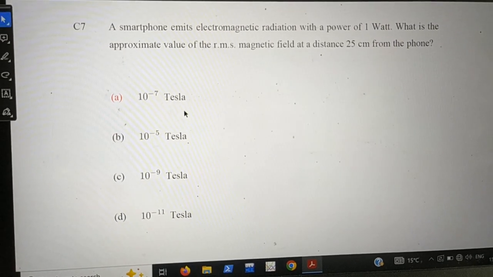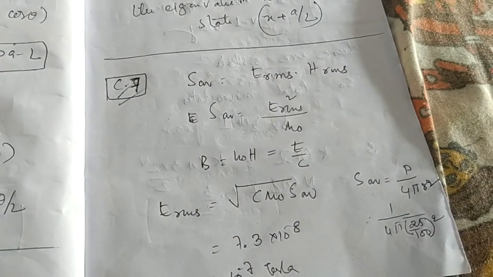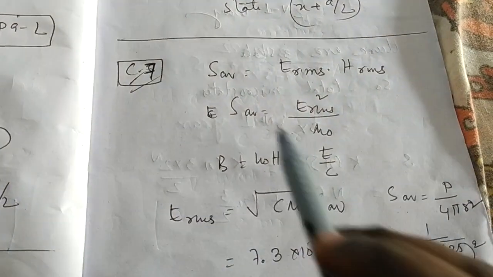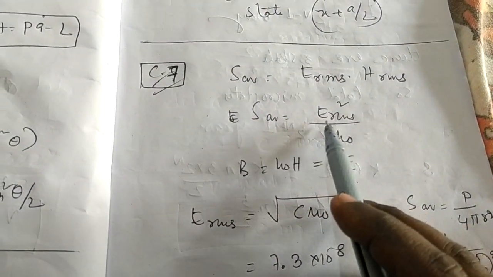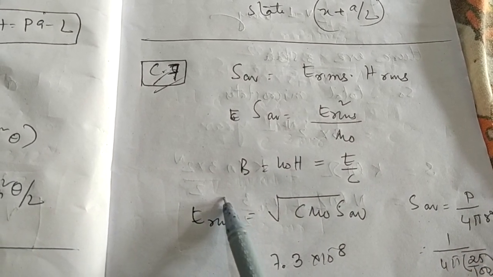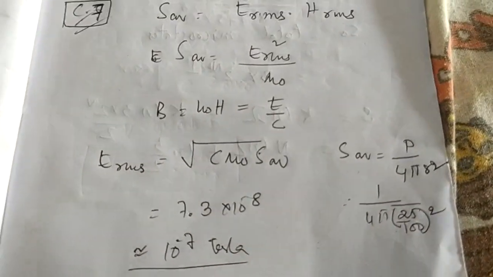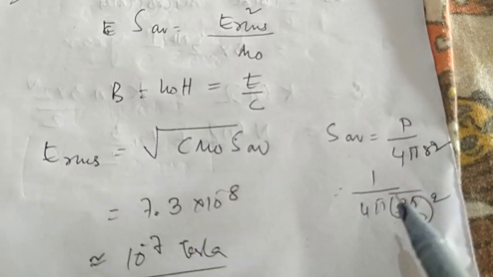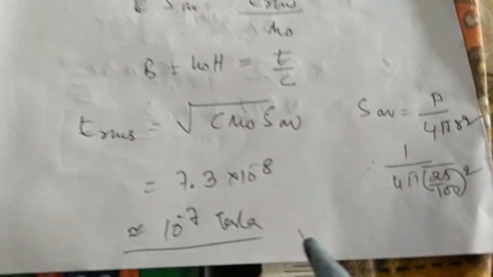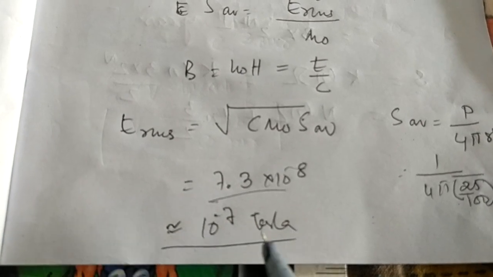So as you know, S average, the Poynting energy average, is E RMS into H RMS, and S average is also E RMS square by mu naught, and B is equal to E by C. Putting all these formulas together, S average is P by 4 pi r square, where P is given by 1 and r is given by 25 by 100. You get this answer 7.3, which is on the order of 10 to the minus 7 Tesla.